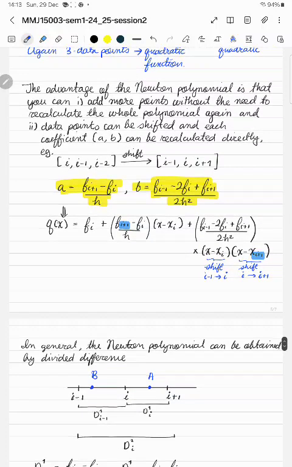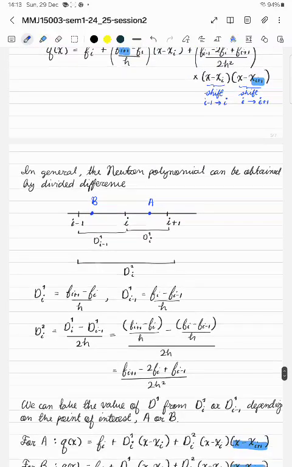And the shift also is needed for the multiplier. So instead of x minus x(i-1), if you shift it, you have x minus x(i). If you shift it, you'll get x(i+1).